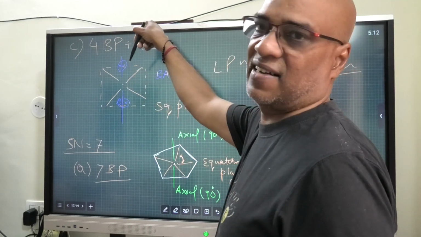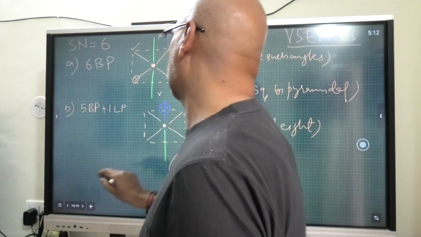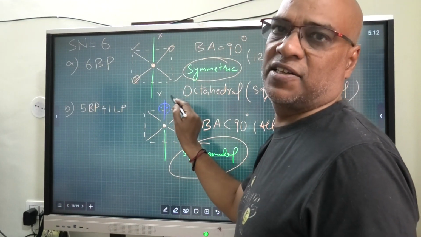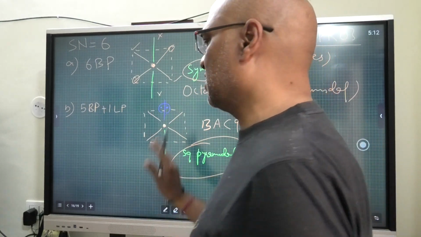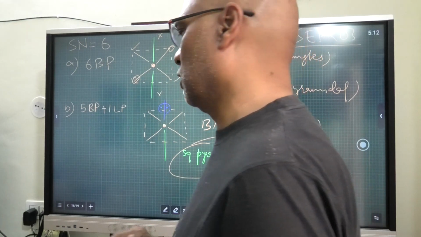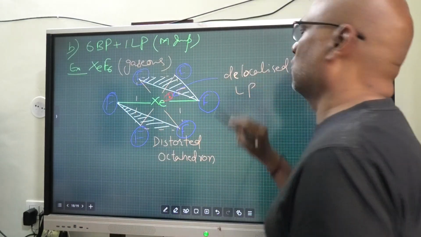They are fixed at their position and will not move. So these are the localized pairs. But here, the lone pair is delocalized.